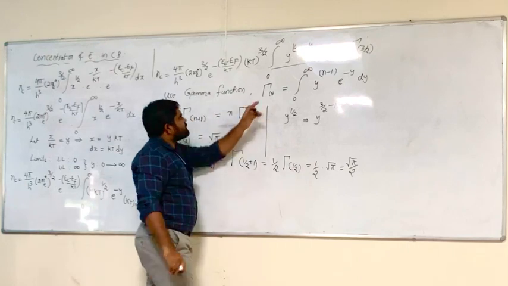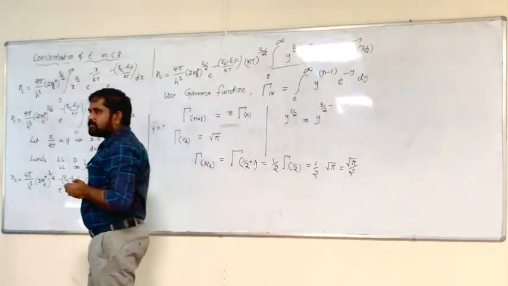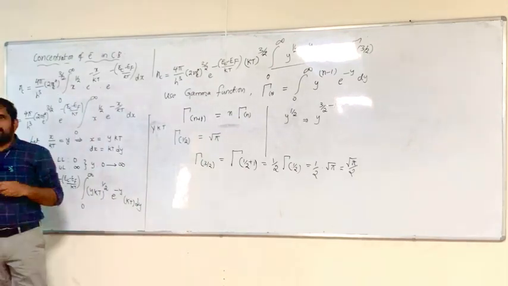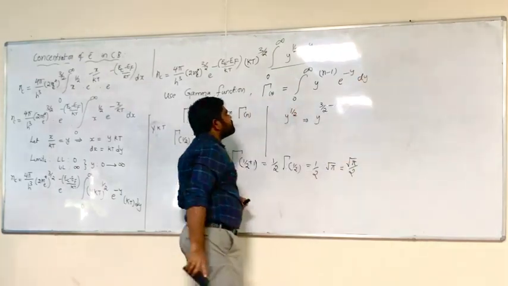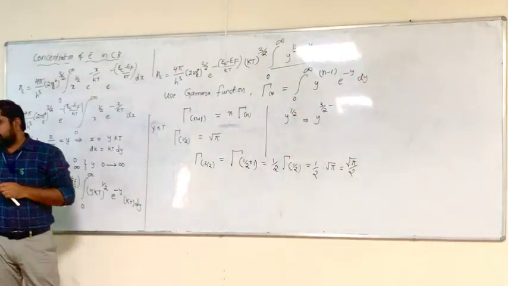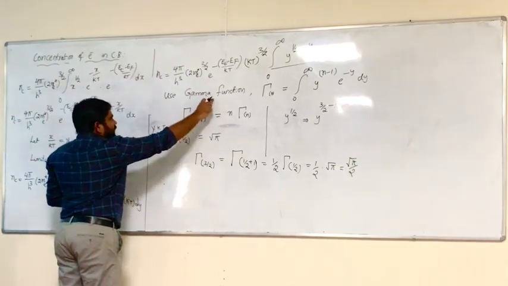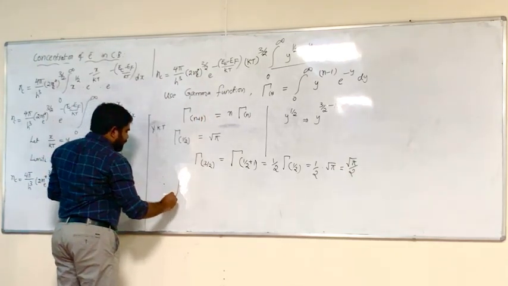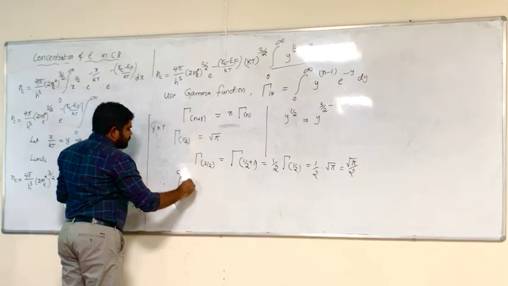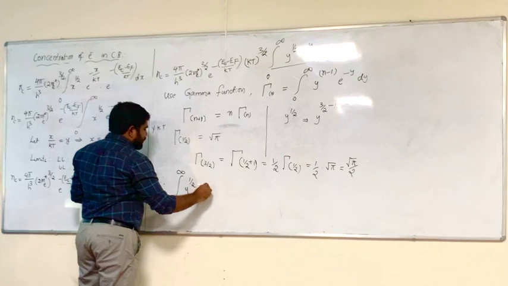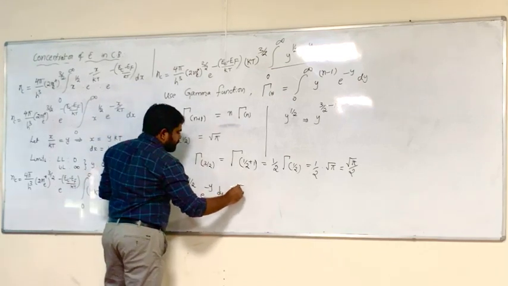So what we are doing, instead of substituting, is writing root pi by 2 simply by taking the gamma function. Therefore, after using the gamma function, the value of the integral from 0 to infinity of y to the power 1 by 2 e to the power minus y dy is root pi by 2.